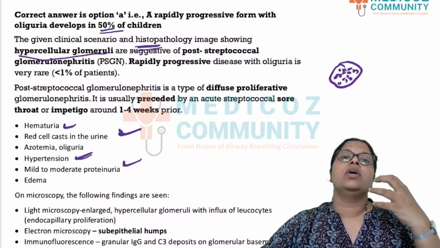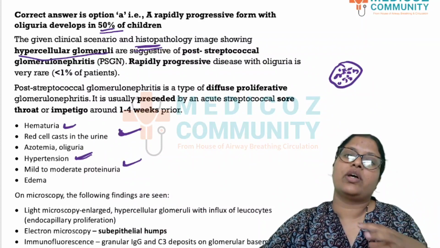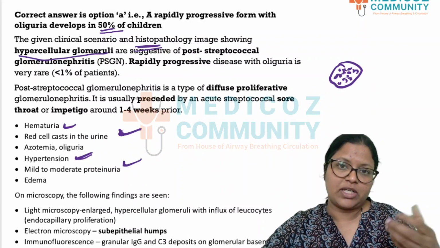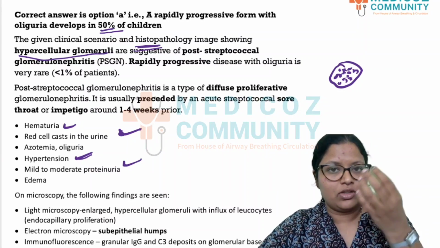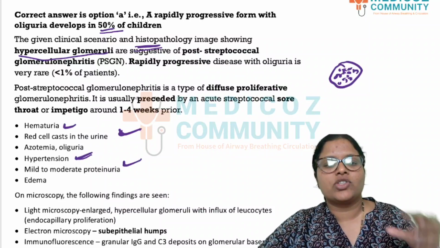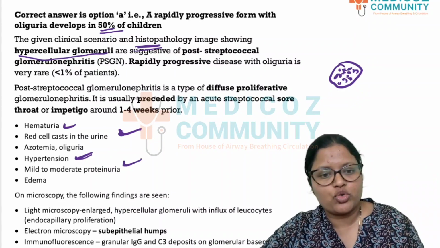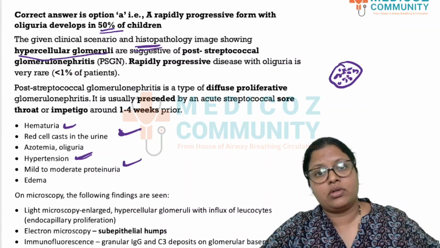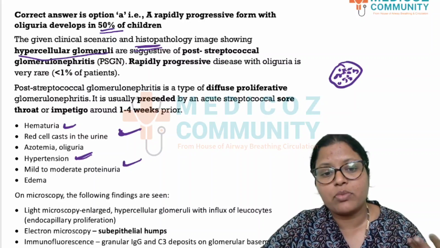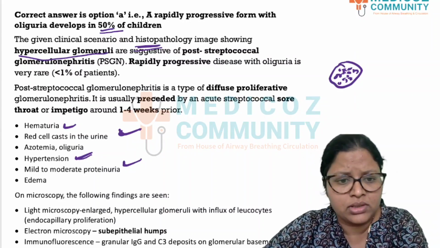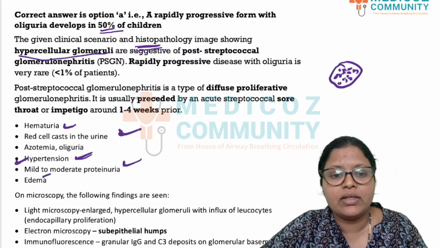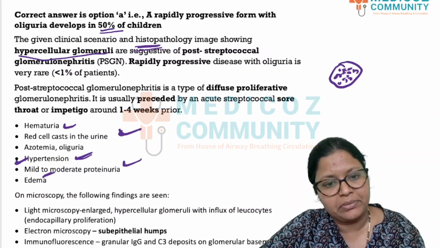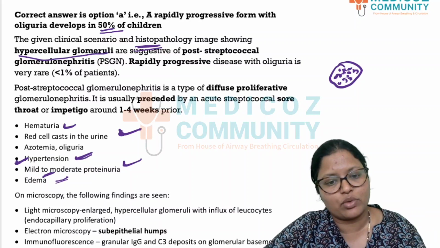If you are in your internship, I'm sure you would have seen PSGN patients in the pediatric wards. The PG would have told you to constantly monitor BP. You keep giving urine for testing, and they have periorbital edema, which keeps resolving as the day progresses.